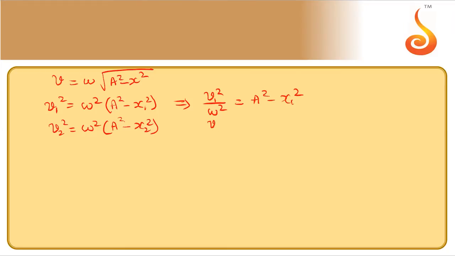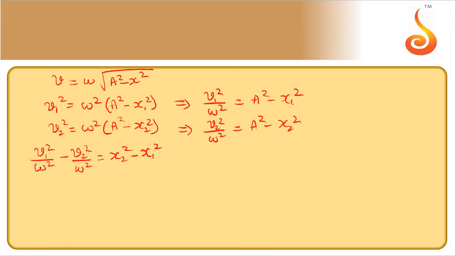This is v2 square by omega square equals a square minus x2 square. Subtract these two. v1 square by omega square minus v2 square by omega square equals, so a square gets cancelled, you will get x2 square minus x1 square.